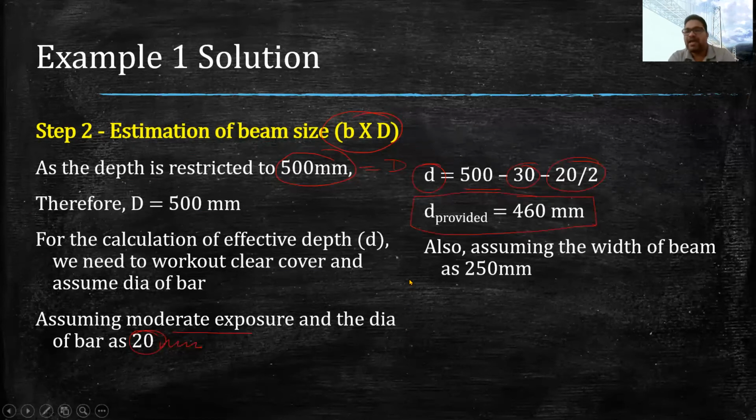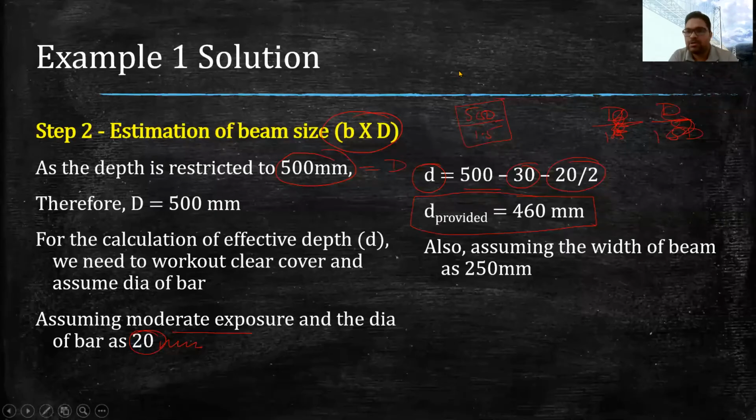Also, as the width of beam is not mentioned, the width of beam can be calculated as, sorry, it is actually D by 1.5.